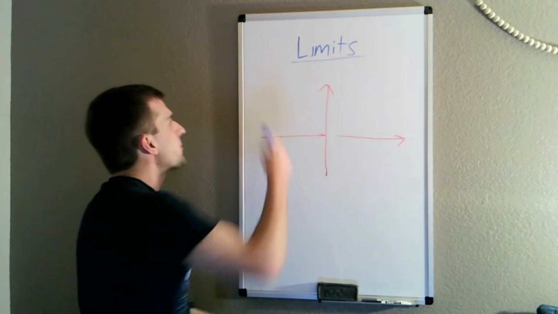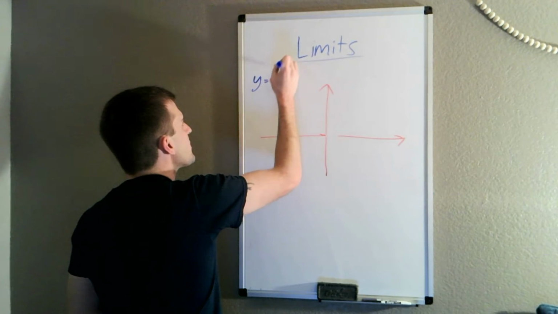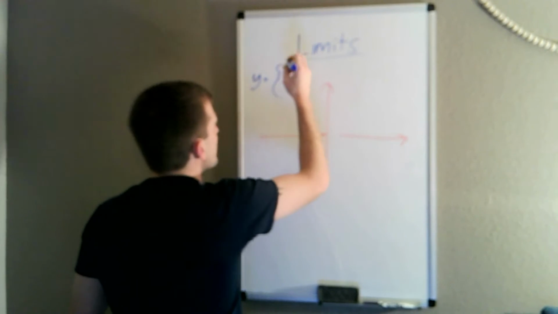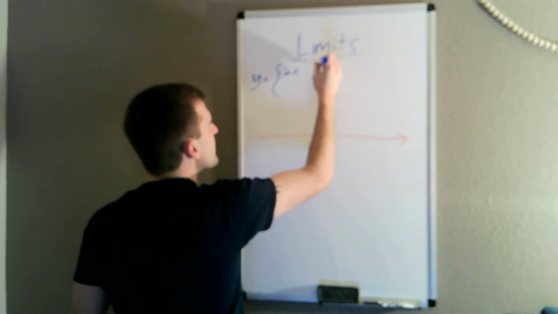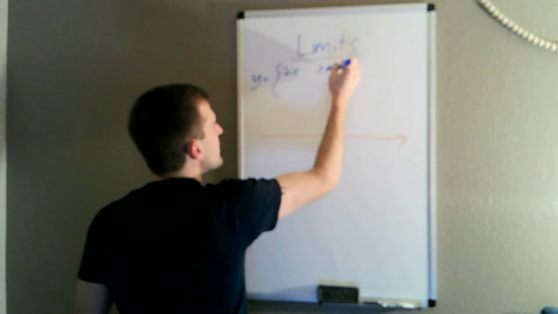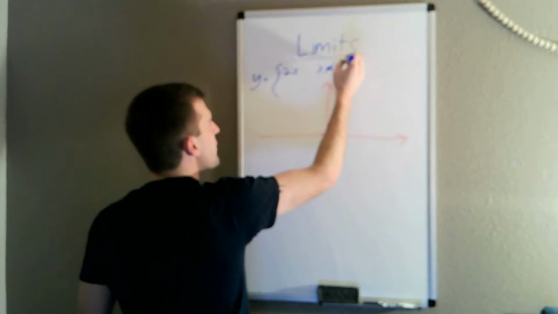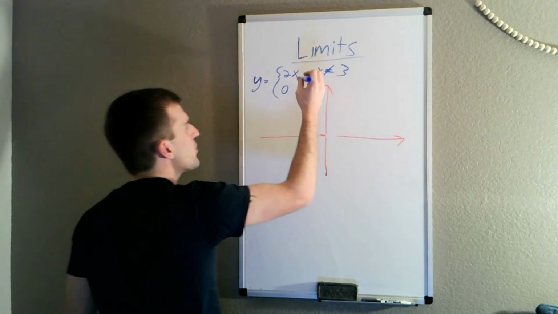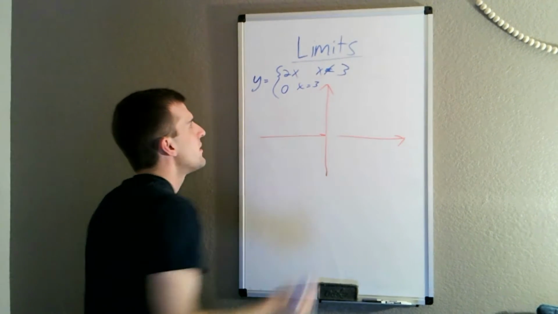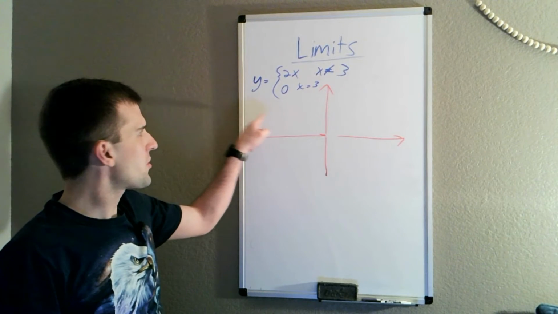Let's say we have the function y equals 2x when x is not equal to 3, and then y equals 0 when x equals 3. This is a weird step function, but we'll draw it out.